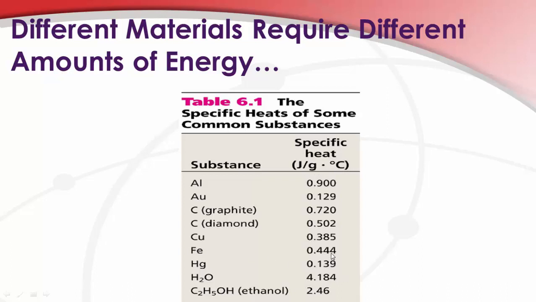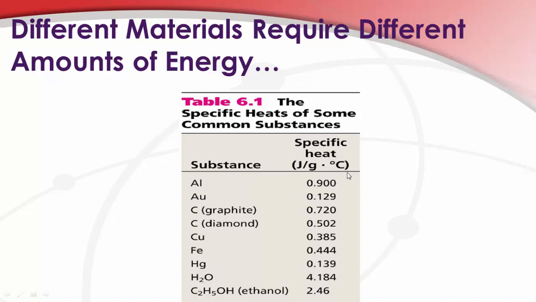Iron, so we could say roughly steel, requires just under half of that amount. So in fact, it would have taken much longer for that manhole cover to heat up if it were aluminum than if it were iron. In fact, it would take twice as much energy.